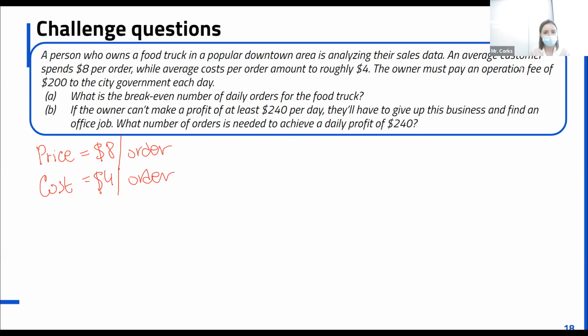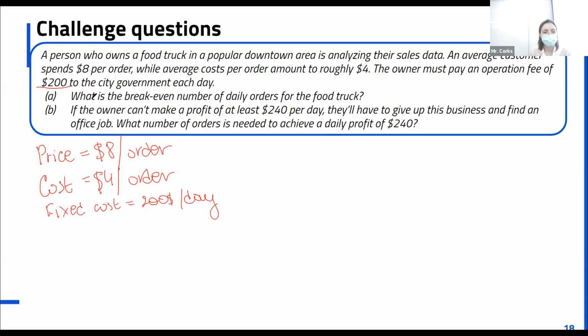Every day when he works, he pays $200 as operation fee. So this is a fixed cost that does not vary depending on the number of orders, because here everything depended on the number of orders customers make per day. But this one does not. So we have fixed cost equals 200 per day.